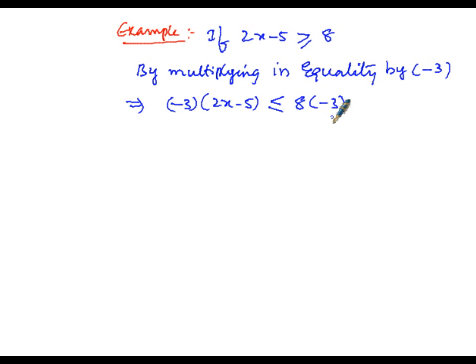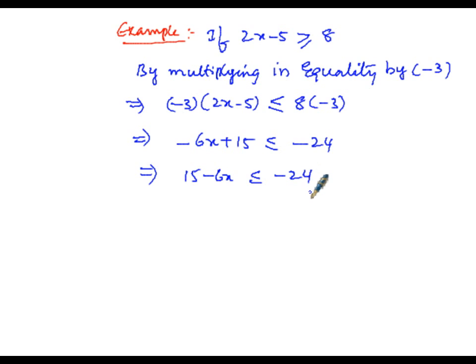So, that implies minus 3 into 2 is minus 6x, minus into minus is plus, 3 into 5 is 15, less than or equal to minus 8 times 3 is minus 24. In other words, it can also be written as positive 15 in front, then minus 6x less than or equal to minus 24.